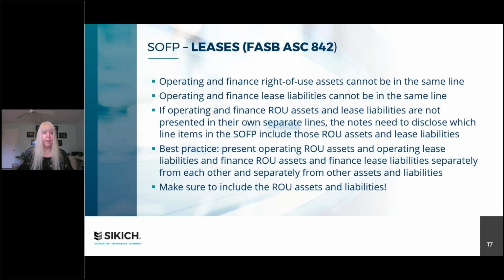At year end the amounts net, and so the preparer has just forgotten to put the ROU assets and liabilities on the statement of financial position at all. So we want to make sure we're including the ROU assets and liabilities, adding those lines in the statement of financial position, and making sure those new line items are also in the proper order of liquidity.